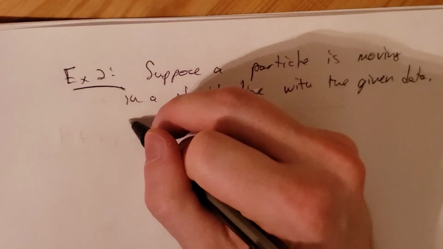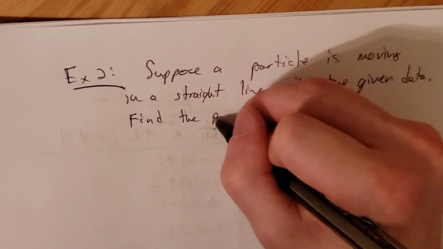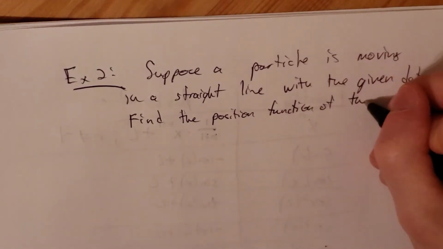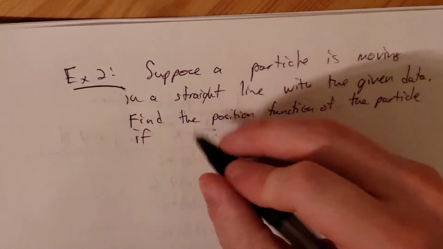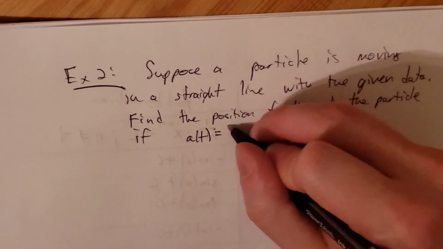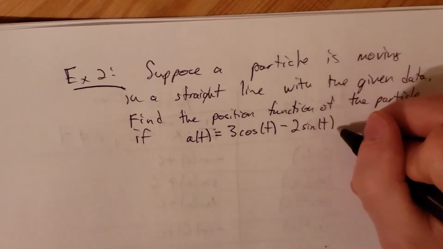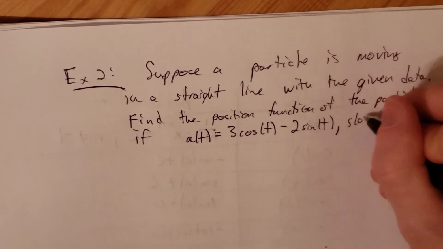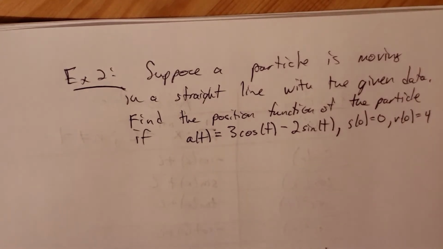First off, I should say, let's find the position function of the particle if, and here's our given data, the acceleration function a of t is equal to 3 cosine of t minus 2 sine of t, given initial values here, and we need actually two initial values here. s of 0 is 0, and v of 0 is 4. We'll see why we need two as we work this problem.